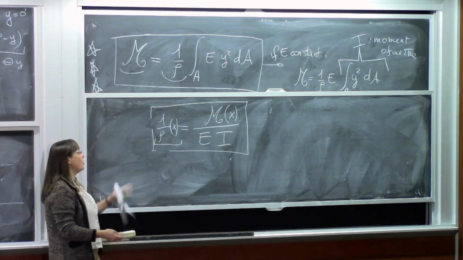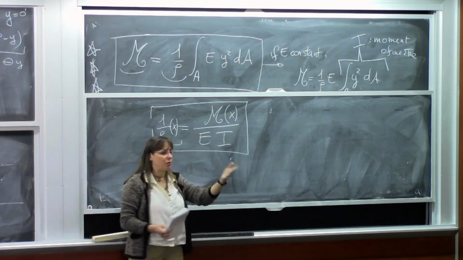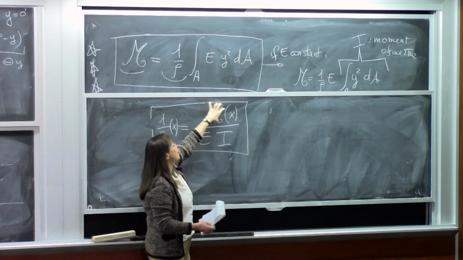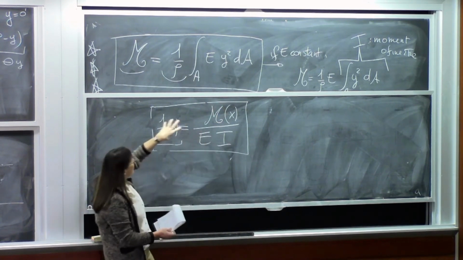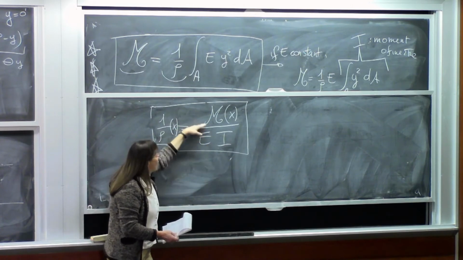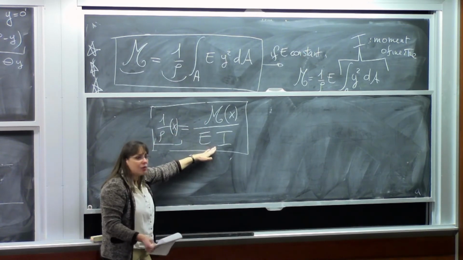EI can also be a function of x. But this relationship here, the same as we were doing in axial loading and torsion and so on, if you have the resultant inside, you can find the deformation at that section by dividing the resultant through the stiffness of the section.